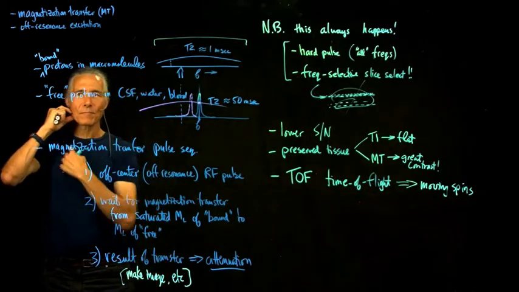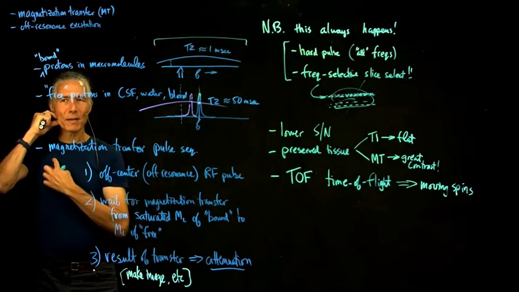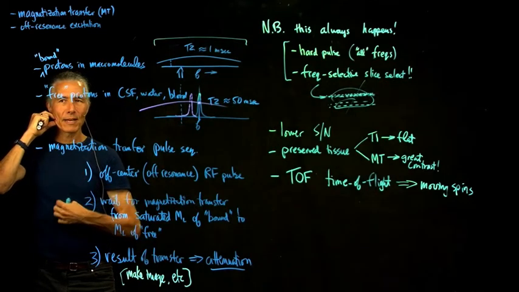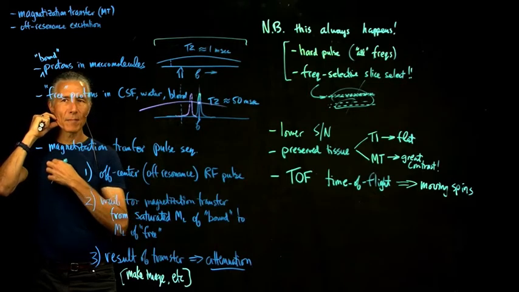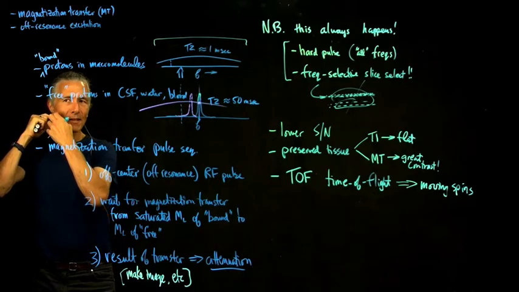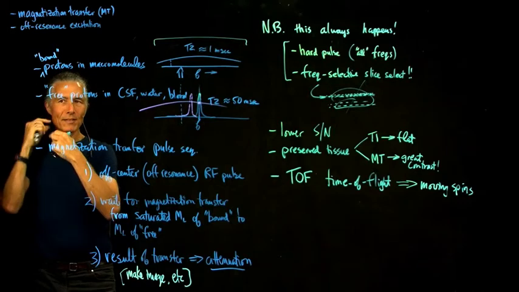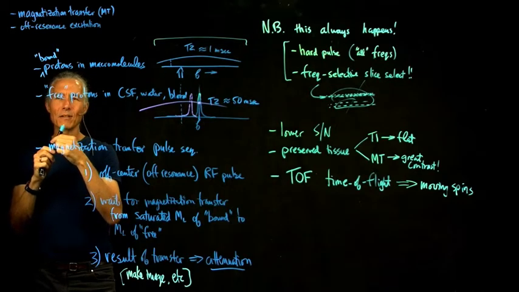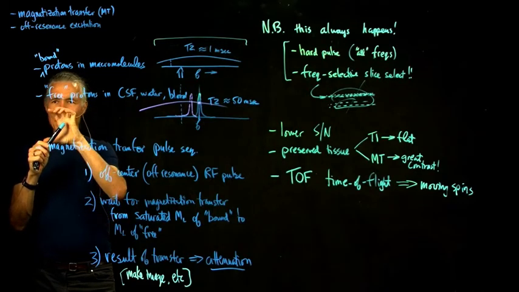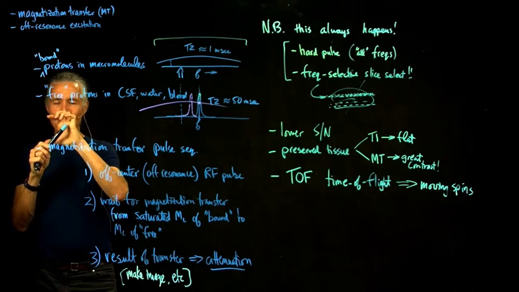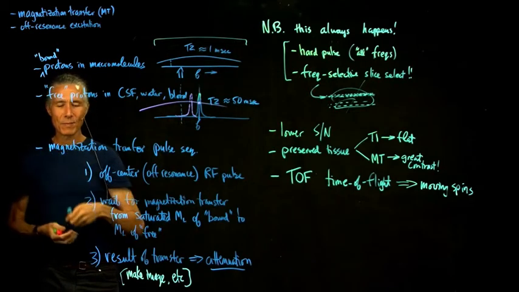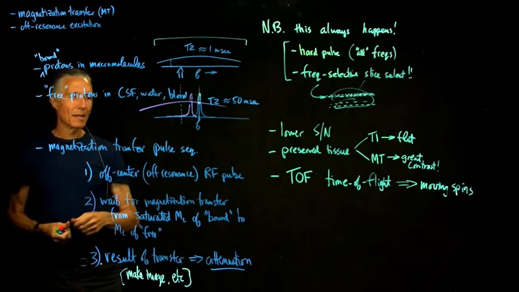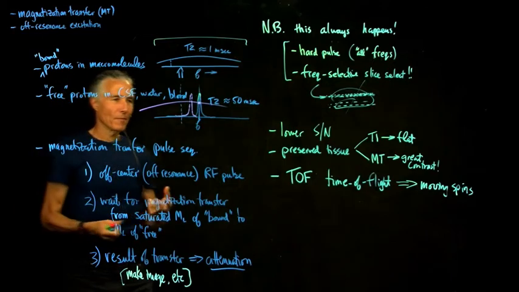And then you've got some blood zipping up from your heart, and the protons in that blood haven't been saturated at all. So they come into the slice, and you've got all these tired protons that have been saturated, their longitudinal magnetization reduced, and then you've got some fresh ones flowing in there that haven't been zapped yet, and those guys will be brighter.